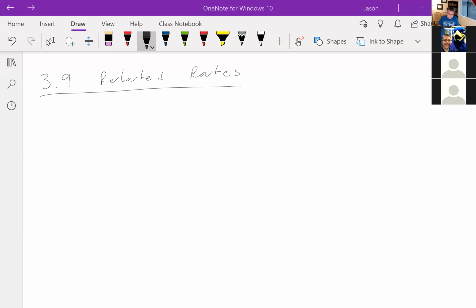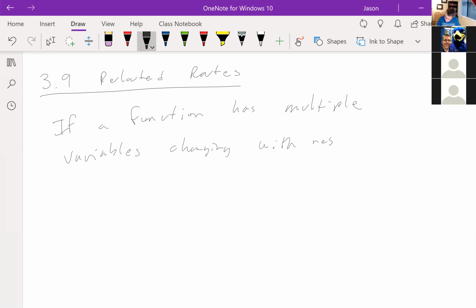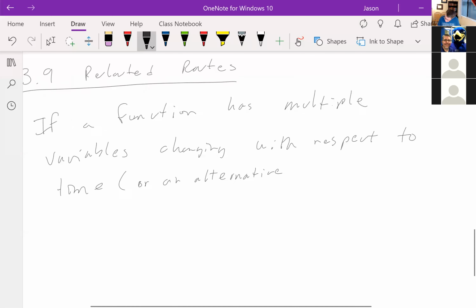Okay, so 3.9 is related rates. If a function has multiple variables changing with respect to time, and I'm going to put in parentheses, or an alternative independent variable.